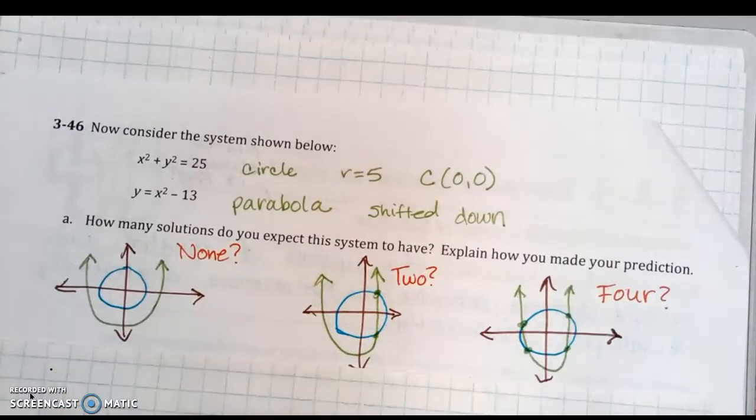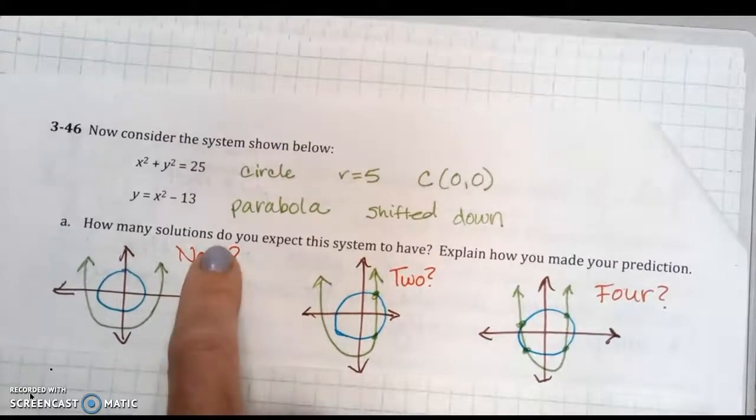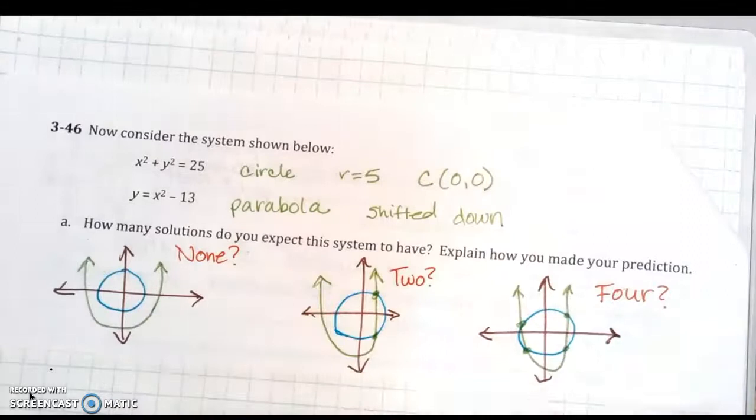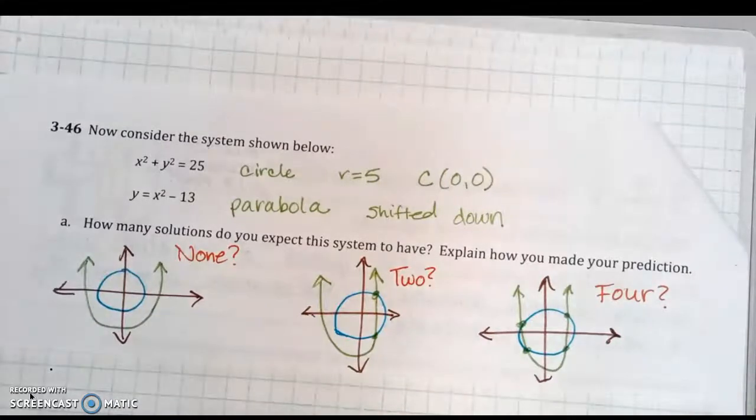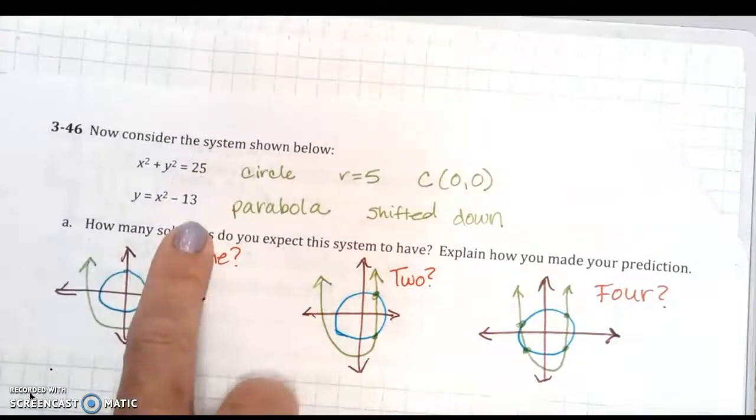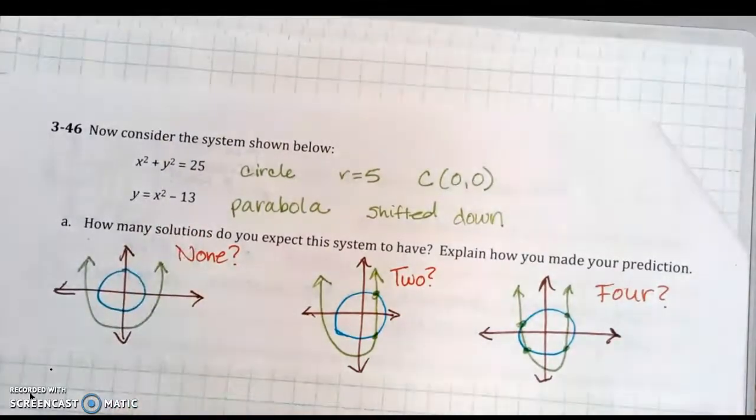Could it have 3 points of intersection? All right. So these are some possibilities. And it wants to know what you think is going to happen with this particular circle and this particular parabola.